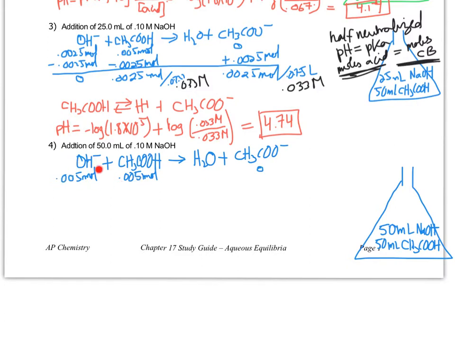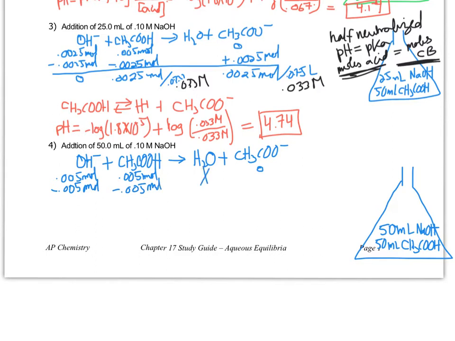Moles of my acid are equal to moles of my base. That means I'm at the neutralization point. But remember, the pH is not always 7 at the equivalence point. So, no limiting reactant here. Both of them get used up. Minus 0.005 moles, minus 0.005 moles.